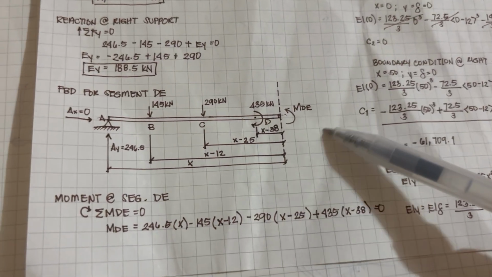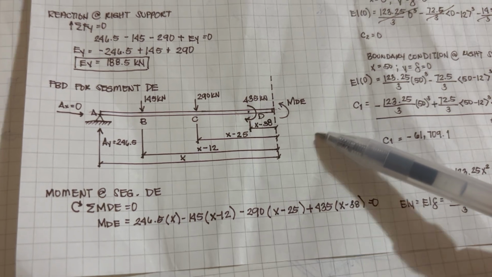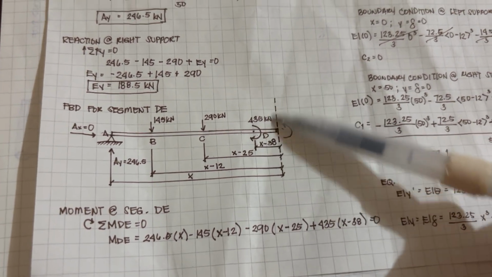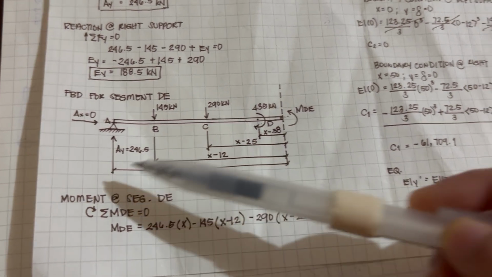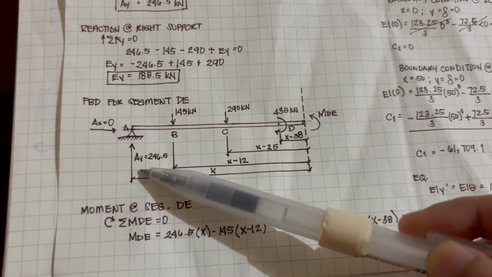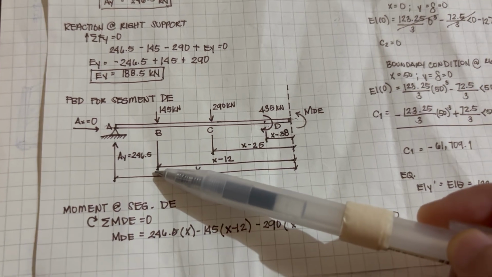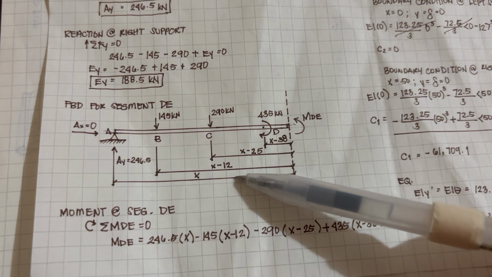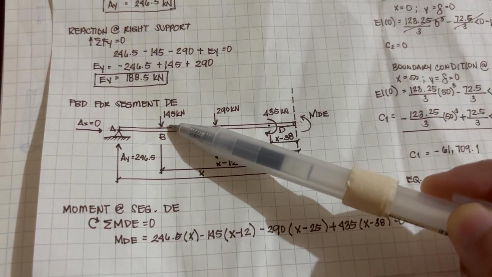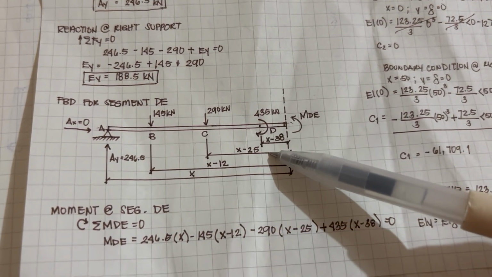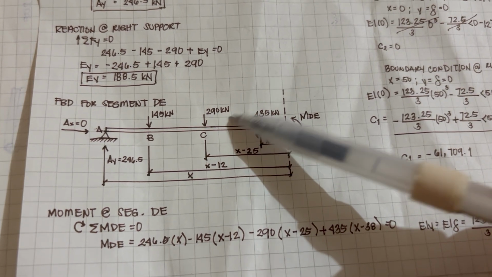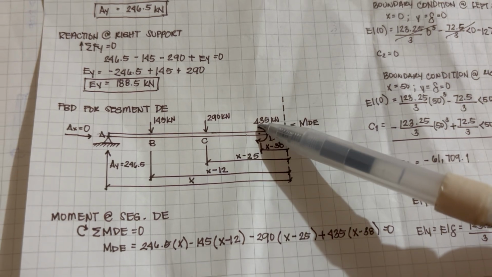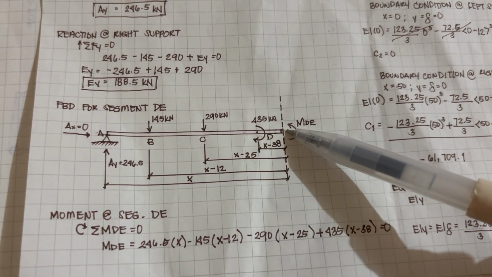We then create the free body diagram of the segment DE, wherein there will be a cut and the length will be an equation of x for the force AY, which is 246.5. Next, we have x minus 12 for 145 kilonewtons, x minus 25 for 290 kilonewtons, and lastly, x minus 38 for the 435 kilonewtons.